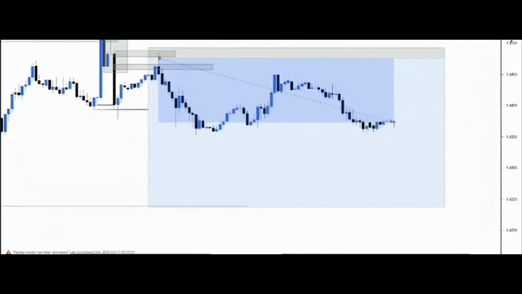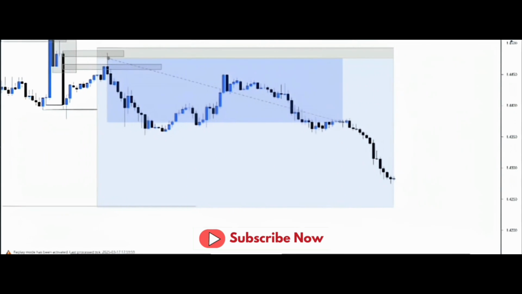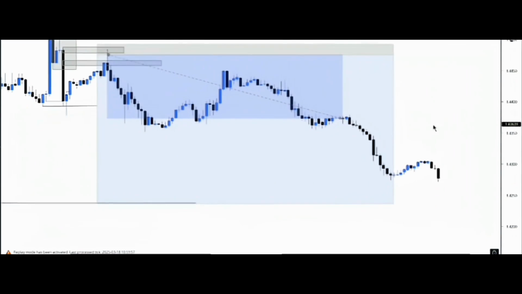Can you see the massive move we are getting?